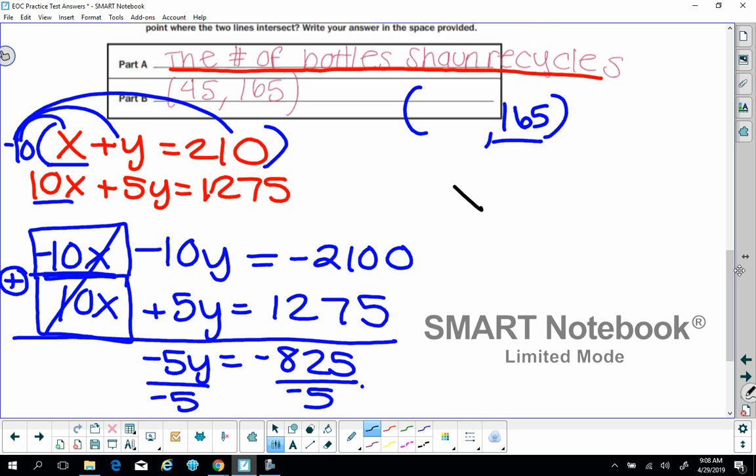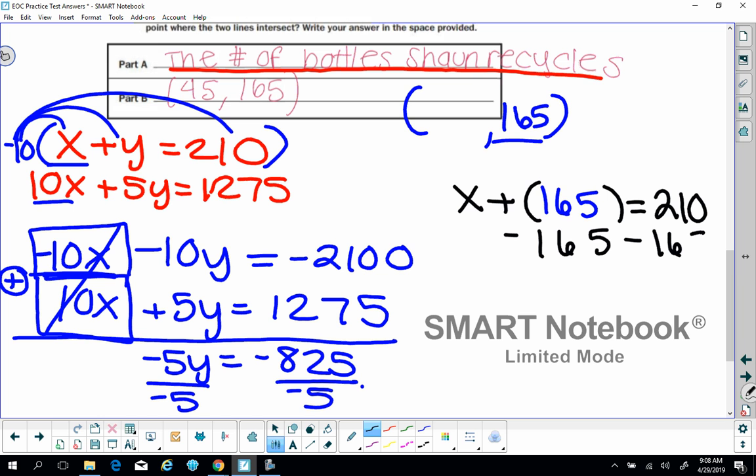And instead of y, I'm going to plug in what I know y is, which is 165. To get x by itself, I subtract 165 on both sides. And you end up getting x equals 45, which is my x coordinate.